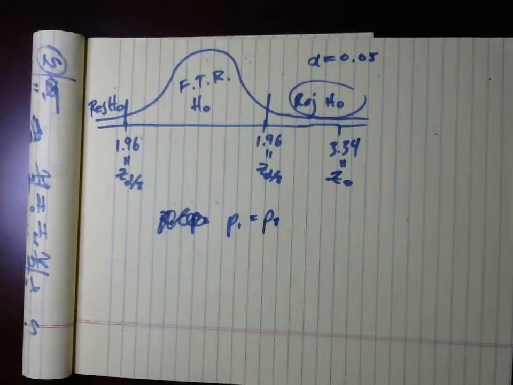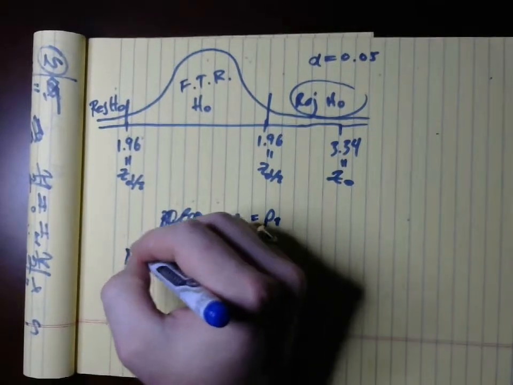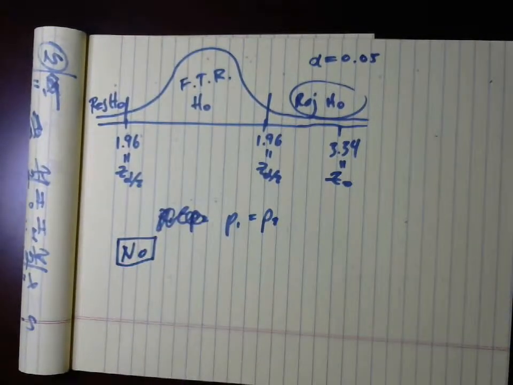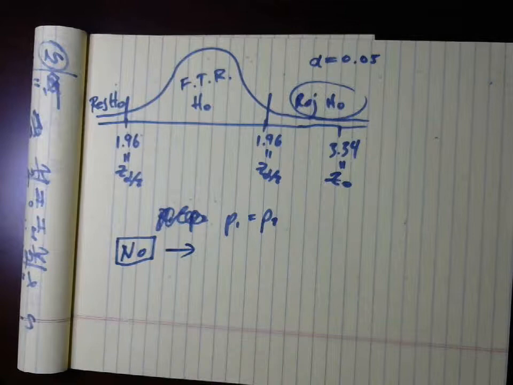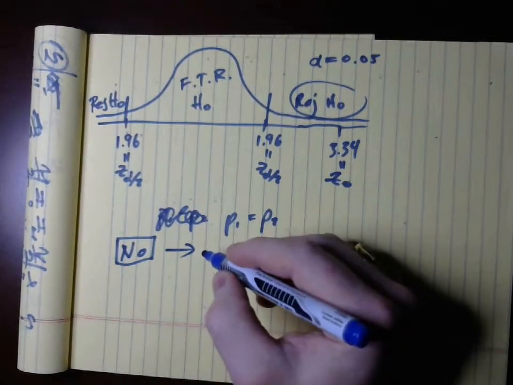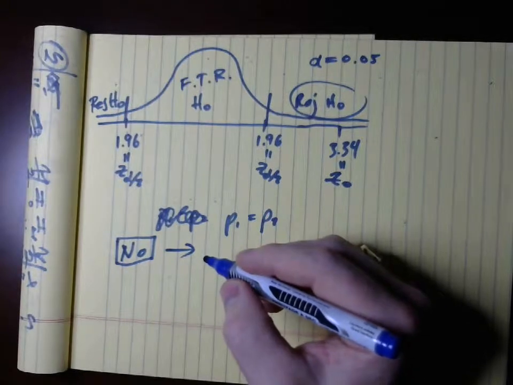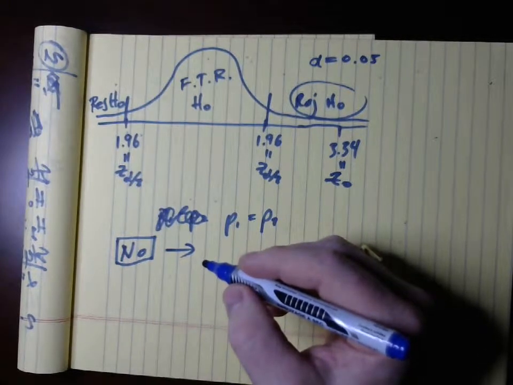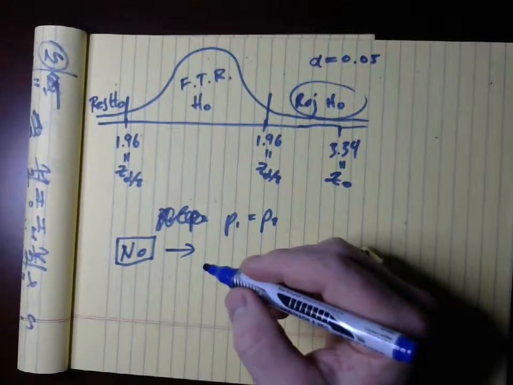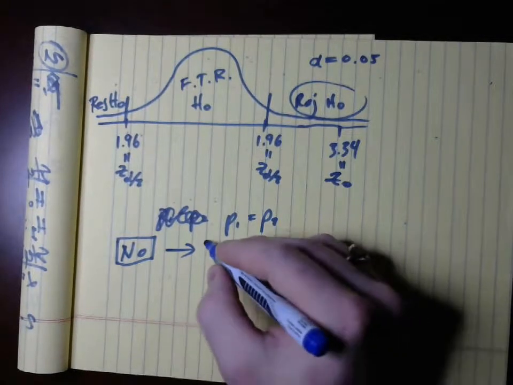So it is not the condition of equality. So I would say no for step 1 of the flowchart. Step 2, did we reject H naught? I'm trying to remember the flowchart off the top of my head. Did we reject H naught? Yes.